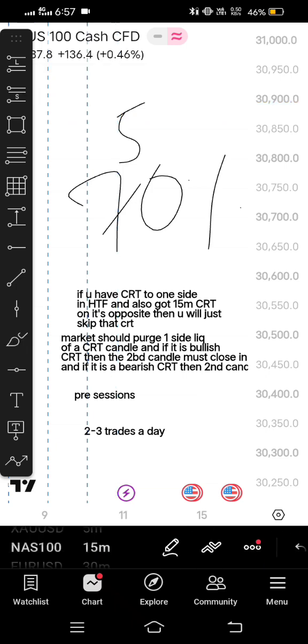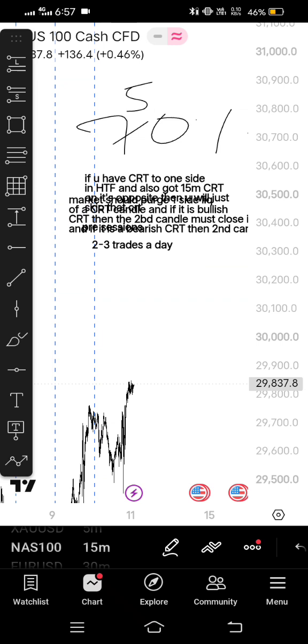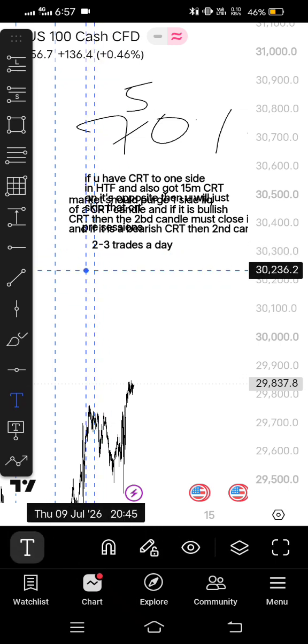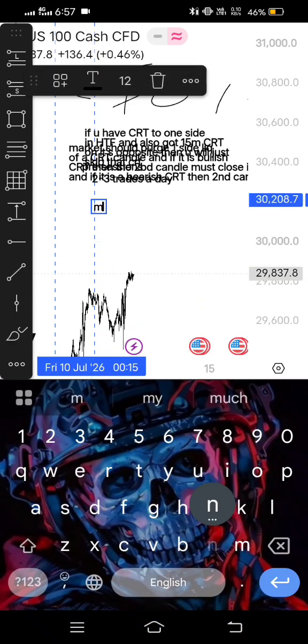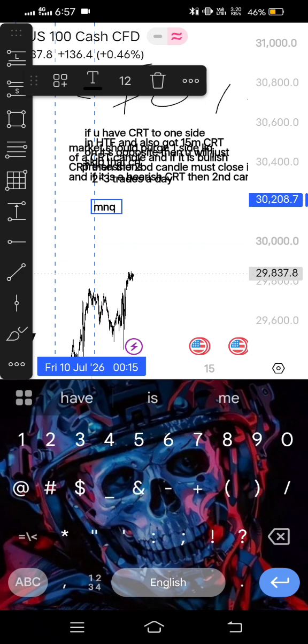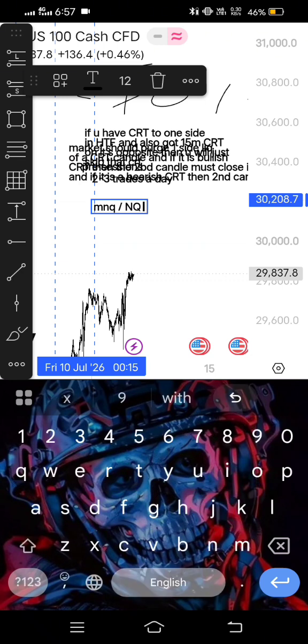And yes, the last thing I forgot, sorry, is that this strategy only works in futures, like MNQ, NQ, which you can say is Nasdaq or Nas 100, whatever you say.